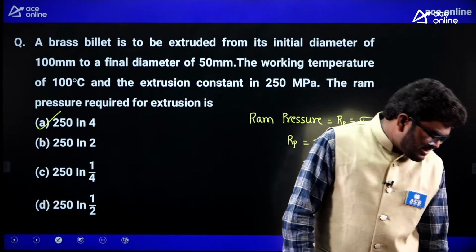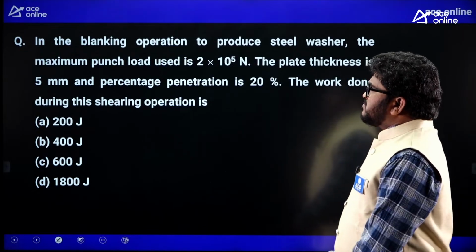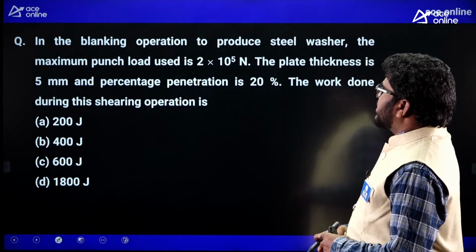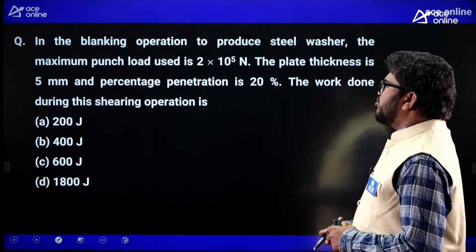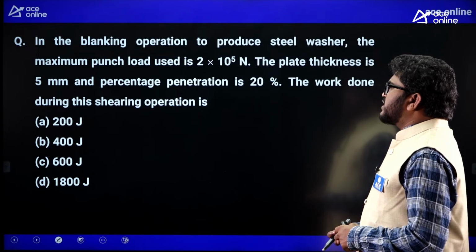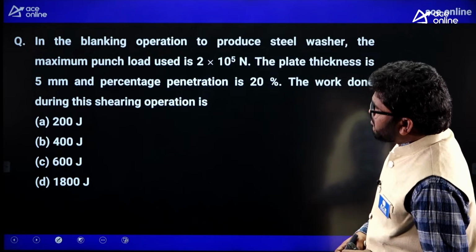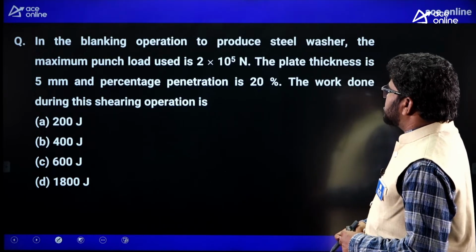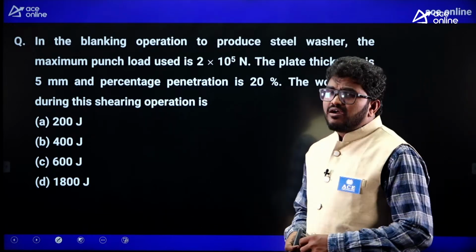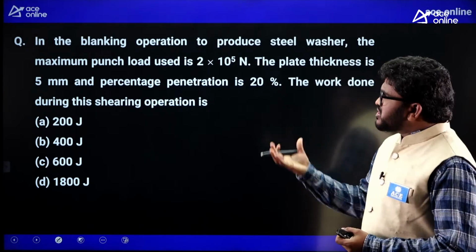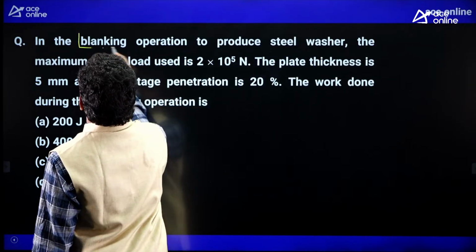Next. Another question. In the blanking operation to produce a steel washer, the maximum punch load used is 2 into 10 power 5 newtons. The plate thickness is 5 mm and percentage penetration is 20%. What is the work done during the shearing operation? This is a punching and blanking operation.